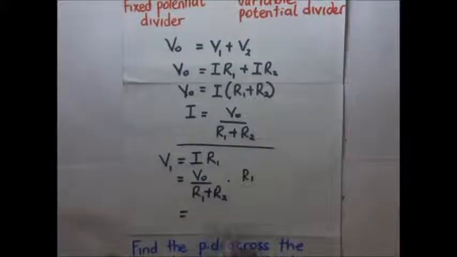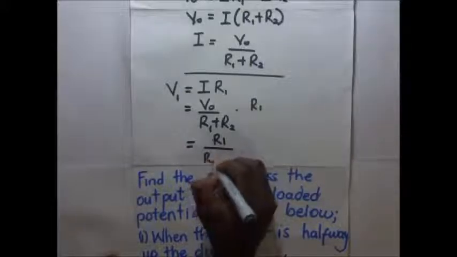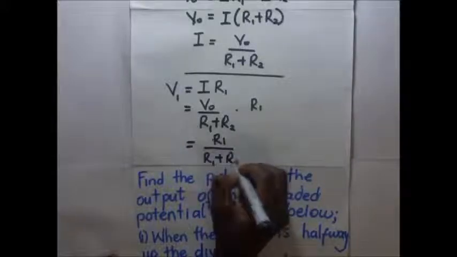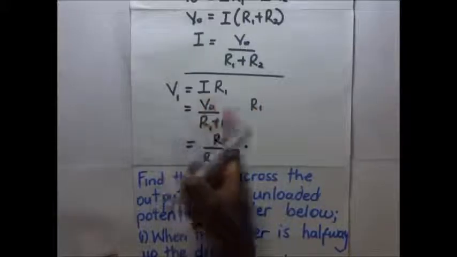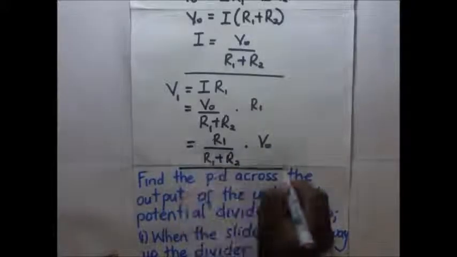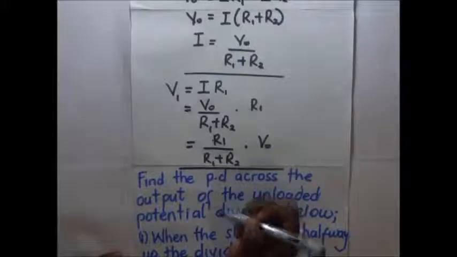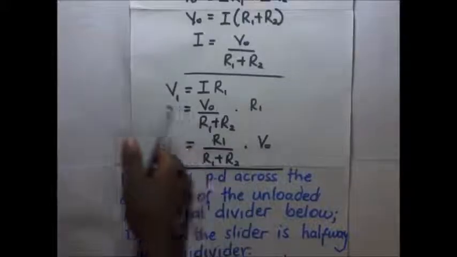So you end up with an expression like this: V1 equals R1 over (R1 plus R2), multiplied by V0. And that is the expression that we shall be using when we want to find the output voltage in any potential divider.